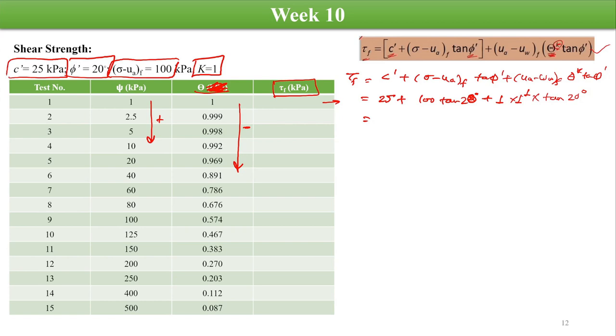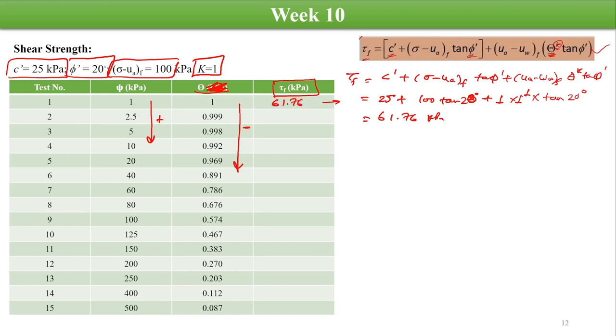We'll obtain 25 plus 100 into tan of 20 degrees plus 1 into tan of 20 degrees. So it will come 61.76 kPa.